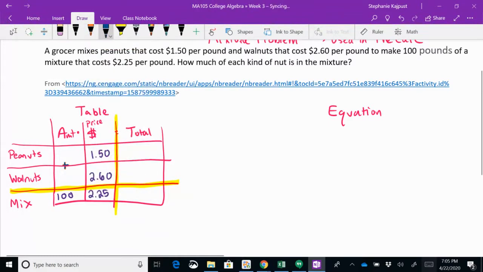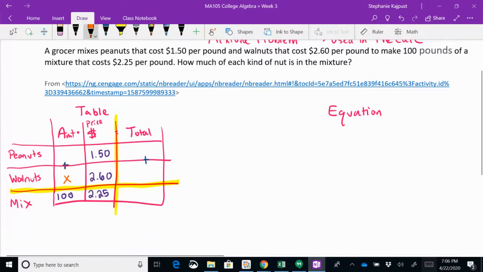And the total is also adding as well, because you add those two things together when you're getting a total. So we want to fill in the amount column, and so you need to pick a variable for either the peanuts or the walnuts. It doesn't matter which one you use. I usually, if I have those two blanks, choose the one right above the mixture column, so above that 100.